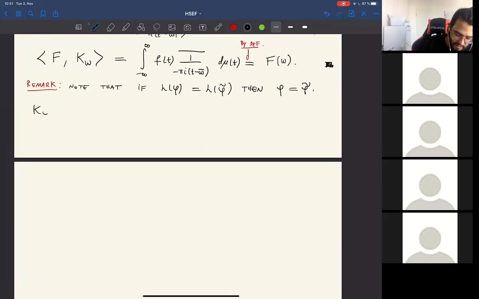So this has to be equal to that because we have a formula for them, and they depend on phi and phi tilde. Another way of showing this, without even knowing a formula for k phi and k phi tilde, is using the inner product property that they reproduce a function. Then if you use the inner product, you show that this is true as well.